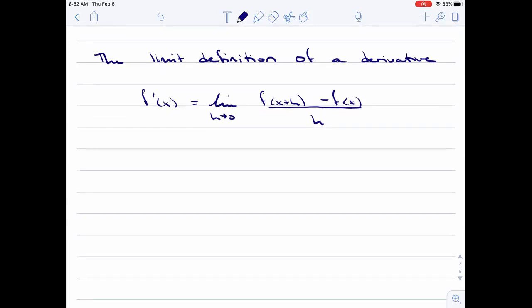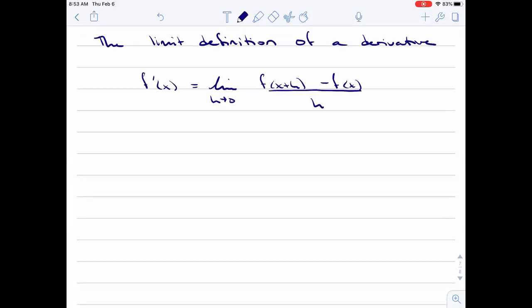So this is the limit definition of a derivative. I'm pretty sure one of the questions just says state the limit definition of a derivative, so be prepared to pull that out. But we've used it so much now that it should be ingrained.